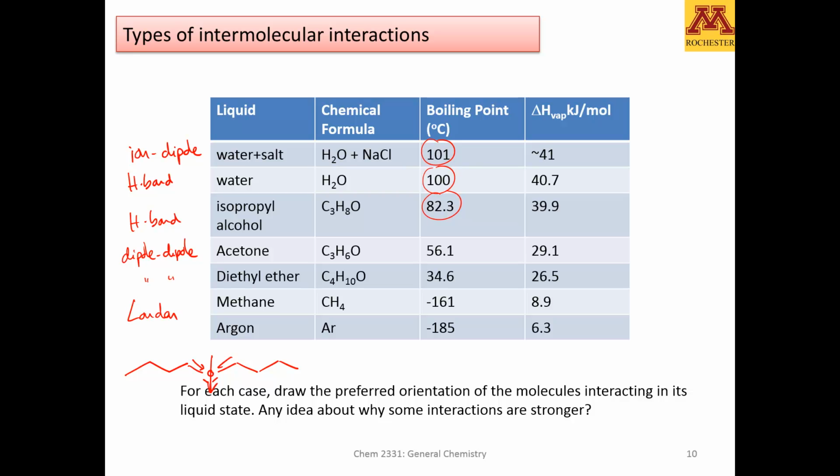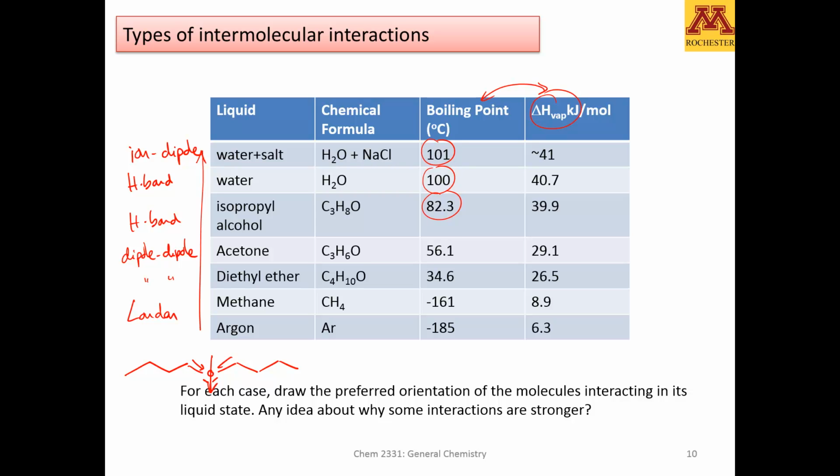So here you have already the rank. As you go up in this table, the stronger the interaction is because the boiling temperature is higher. Notice also that another factor that we can use to describe this is the enthalpy of vaporization. They are almost directly related.